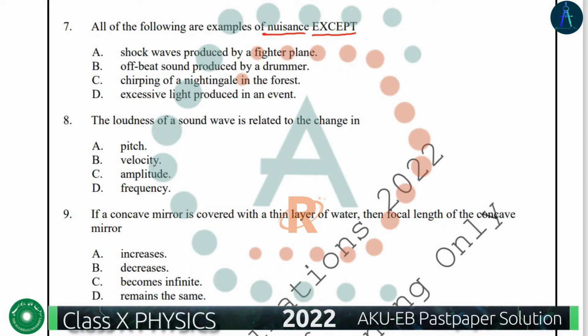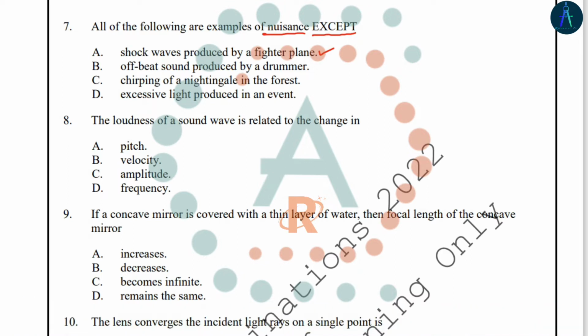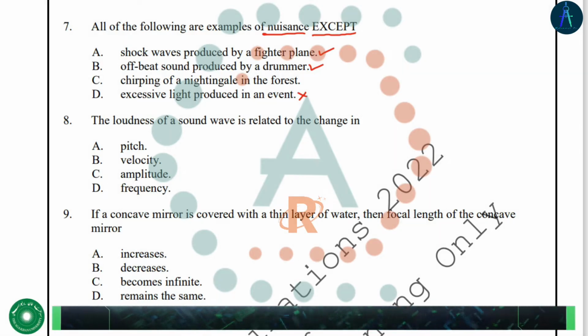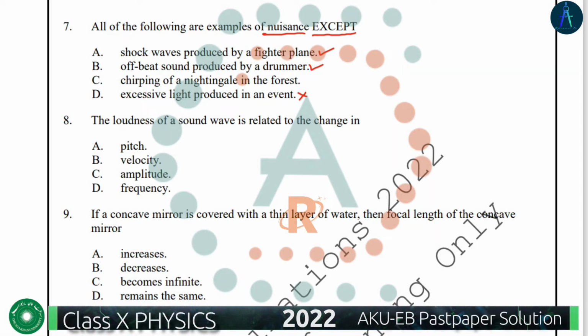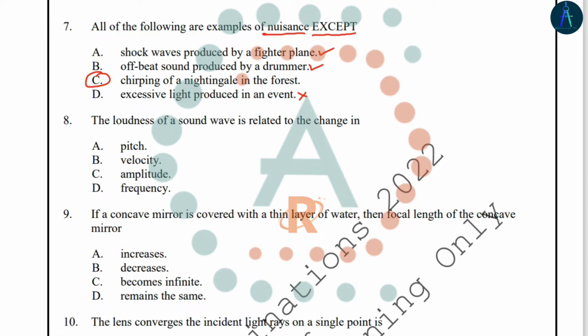Shock wave produced by a fighter plane will produce a sound that can be considered as noise. Offbeat sound by a drummer will produce a noise, while for excessive light produced in any event, there is no relation of sound produced in this example. So option C is the right answer, that chirping of a bird in the forest will produce a good sensation to our ear. So option C is the right answer.